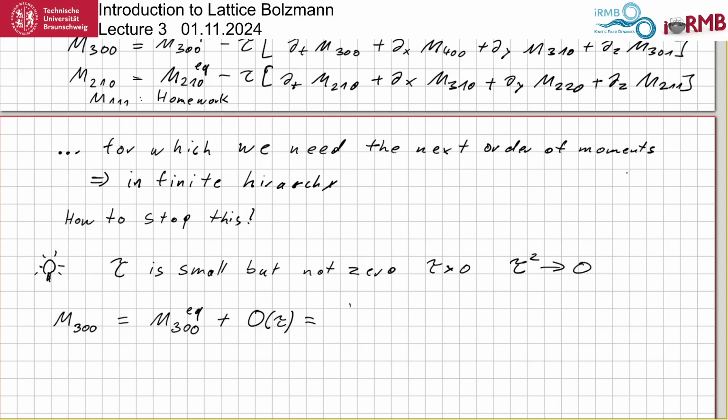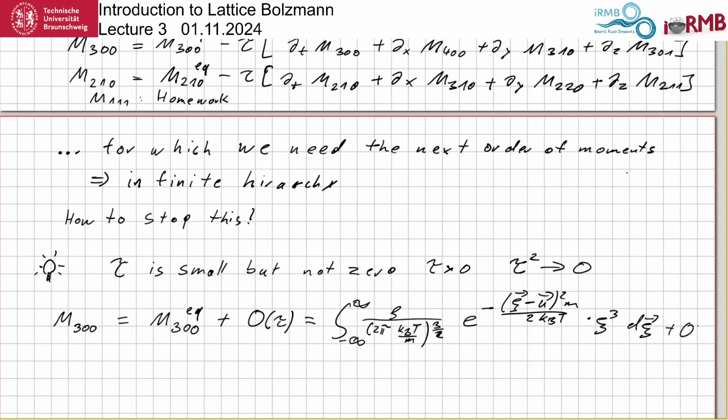And the equilibrium is again this ugly integral, 2 pi Boltzmann constant temperature divided by particle mass to the power of 3 over 2, e to the power of minus xi vector minus macroscopic velocity squared times particle mass over 2 times Boltzmann constant times temperature, integrated over the vector xi, and then there's this rest term of order tau.